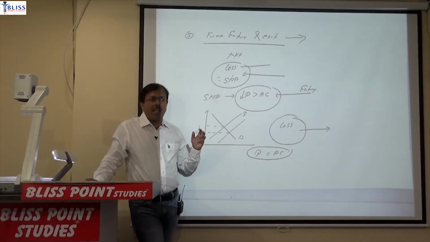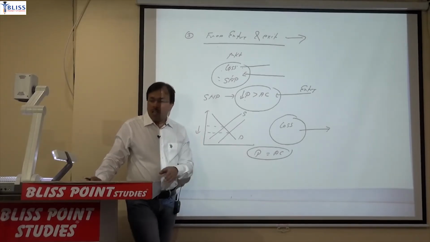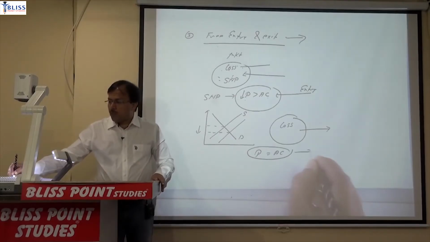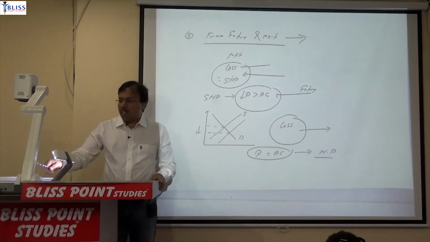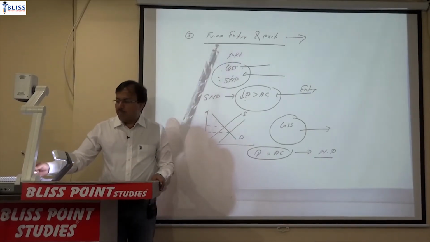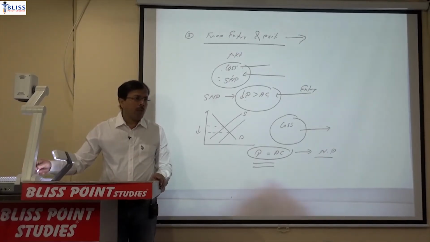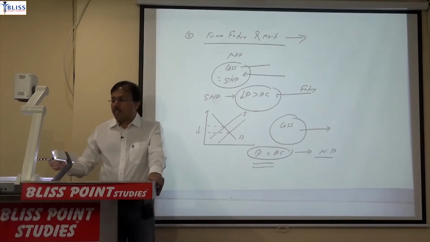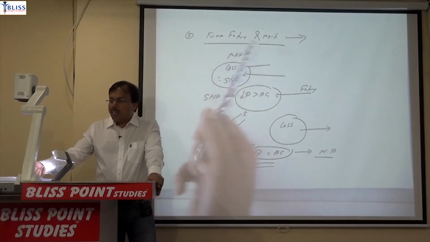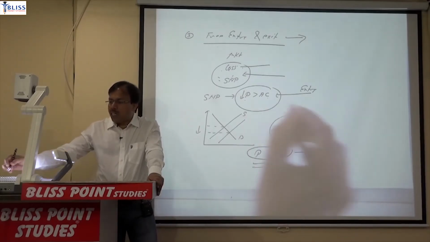So free entry and exit imply that in the long run price will be equal to average cost. What does that mean? In any market where this feature exists, in the long run there will be only normal profit. And that will be a property of monopolistic competition also. In monopolistic competition also, due to free entry and exit, in the long run the firm will be having only normal profit. So add that implication part.